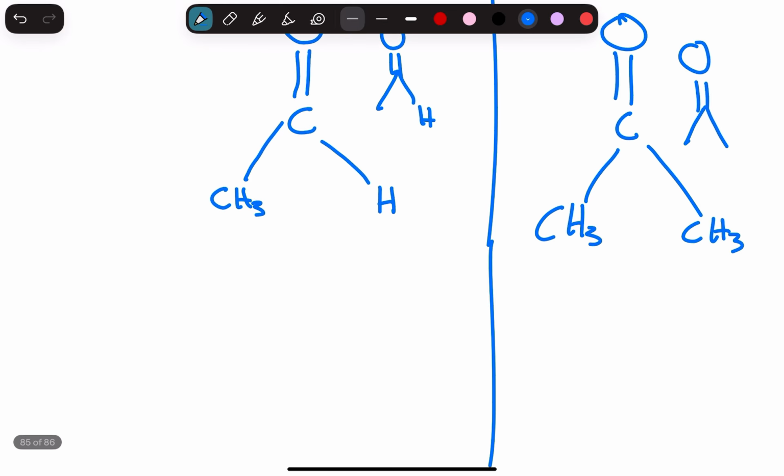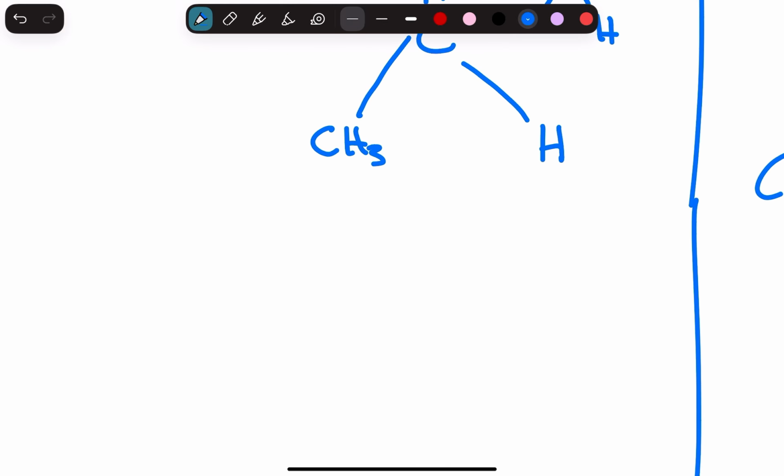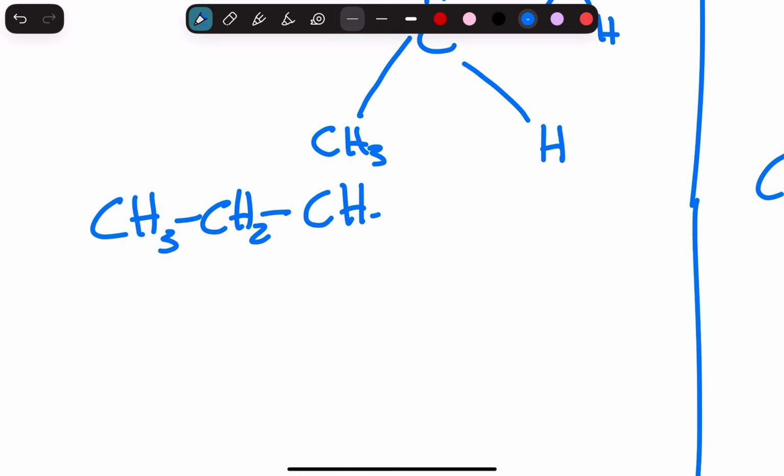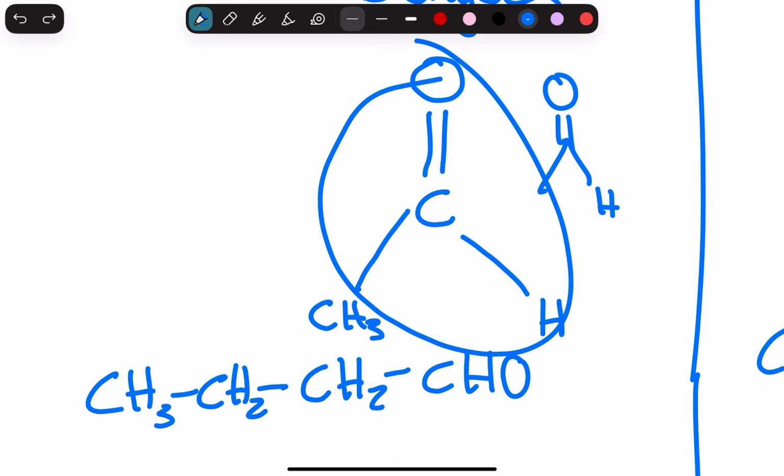And we'll start with our aldehyde. So this one would be our aldehyde. How can we tell that's an aldehyde? Because if we were to break this down, we'd end up with this.